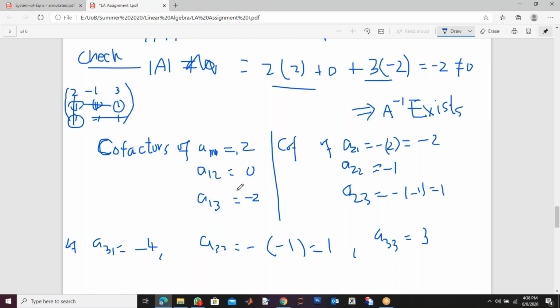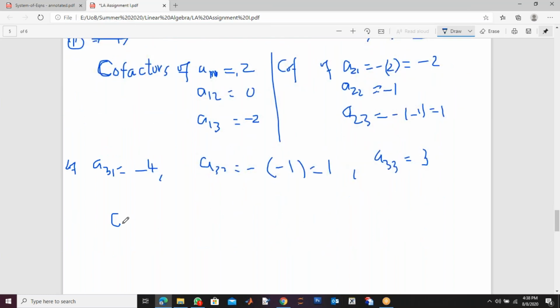Now if I write the cofactor matrix, let's call it C, it will be for A11 it is 2, then A12, A13, A21, A22, A23, A31, A32, A33. So these are the cofactors I wrote.